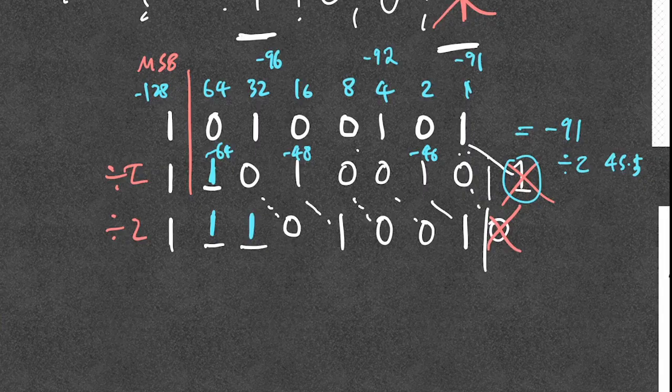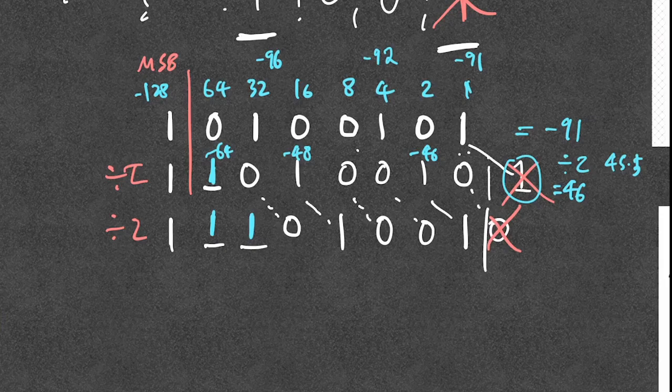I think I've done that right. 110100. So yeah, 46, and then because we can't get the full information there, the arithmetic right shift isn't perfect.